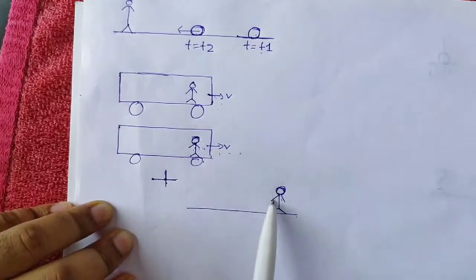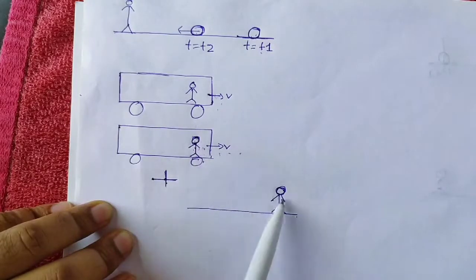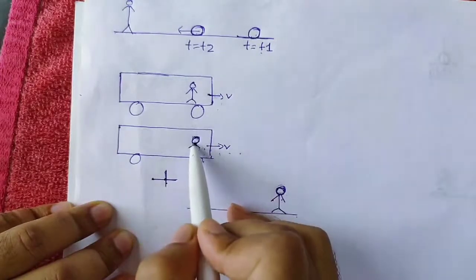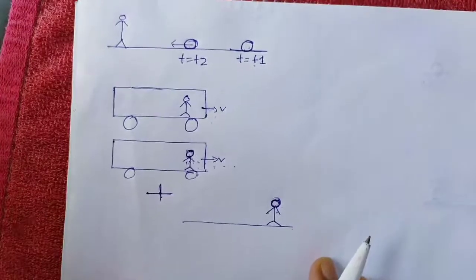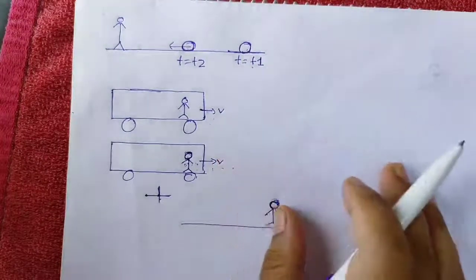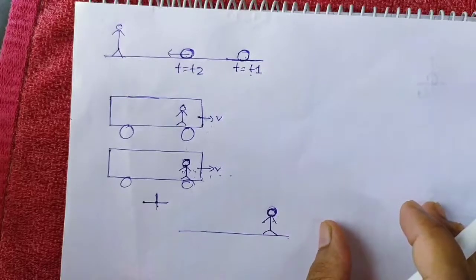So what do we mean by this? That means you are moving with respect to this person, but both of you are at rest with respect to each other. So what can we say about the motion? Motion of a particle or an object is relative in nature.